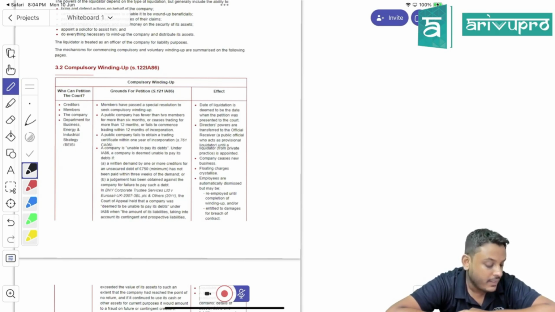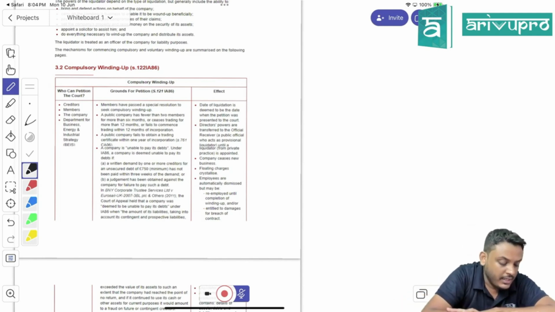Number four, directors' power to manage the business ceased.